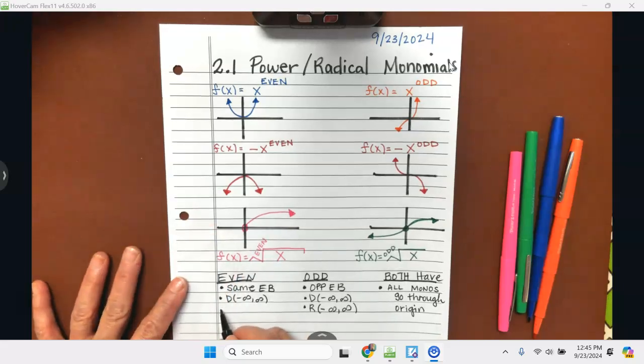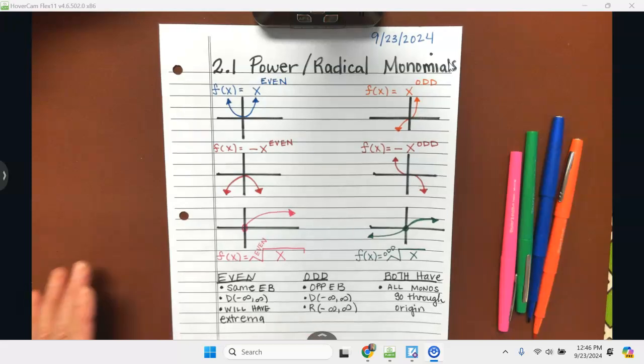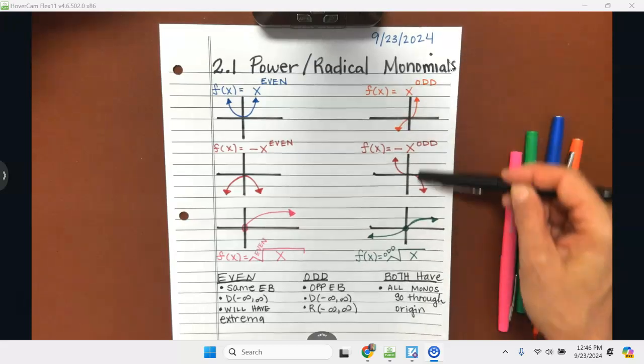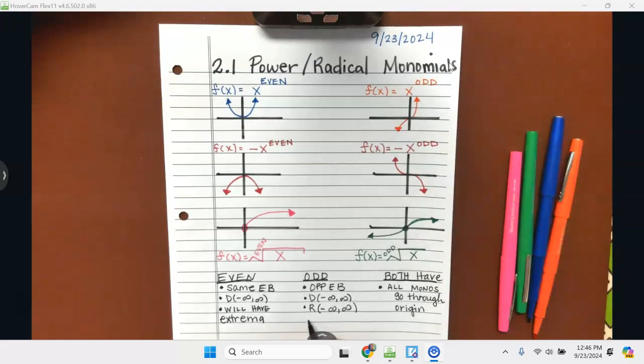So evens will have extrema, and extrema means both maxes and mins. Is there any absolute max or min over here? No. Odds will not have extrema.